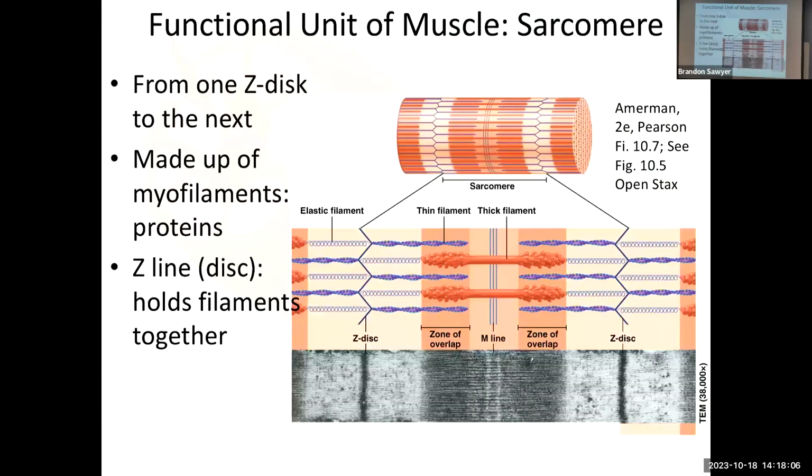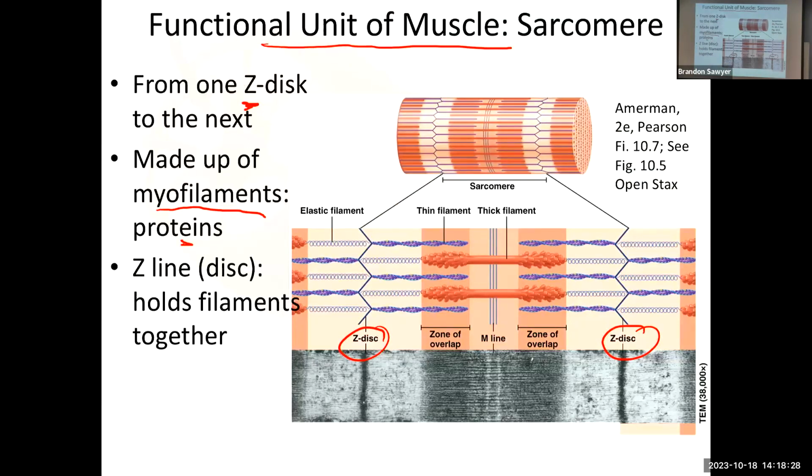The sarcomere is considered the functional unit of muscle. There's a structure here called the Z disc. From one Z disc to the next Z disc, that's a single sarcomere. It's made up of myofilaments, which are proteins.